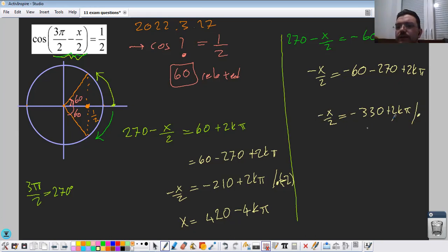To get rid of the minus and over 2, you multiply the whole equation by minus 2. Minus times minus is plus x, 2 times x/2 is x. Minus times minus turns into plus, and 2 times 330 makes 660. Minus times plus is minus 4kπ. After here, we should also insert that k is an integer.